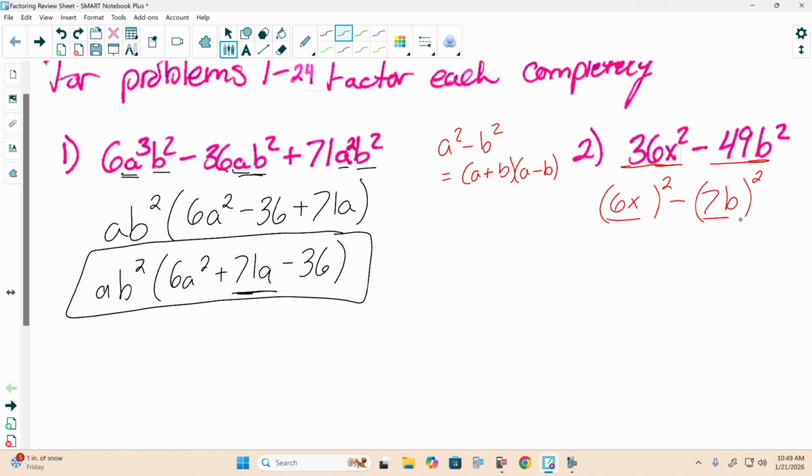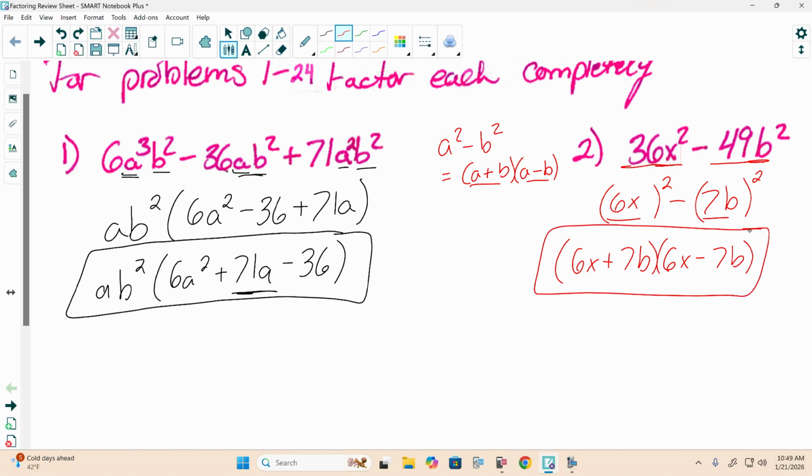B is 7b. So it's going to factor to a plus b times a minus b, which would be 6x plus 7b times 6x minus 7b. And that's it. Questions on those here?